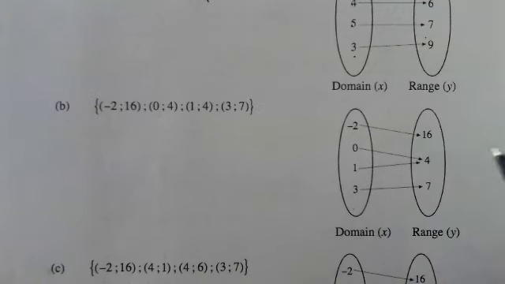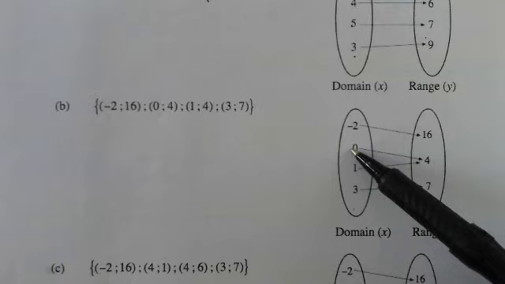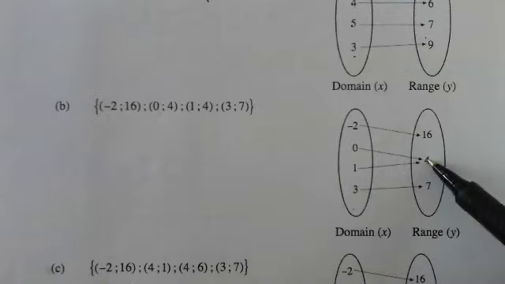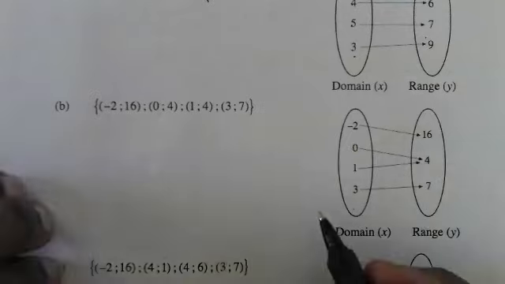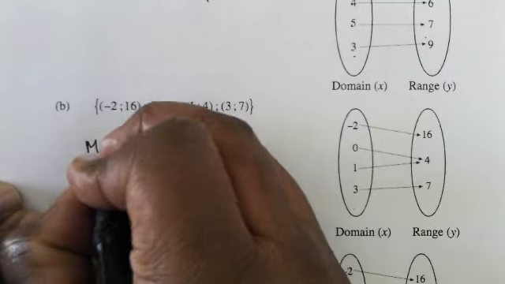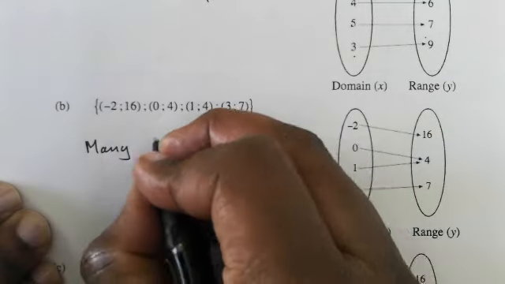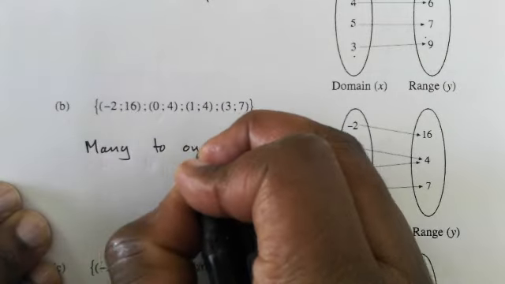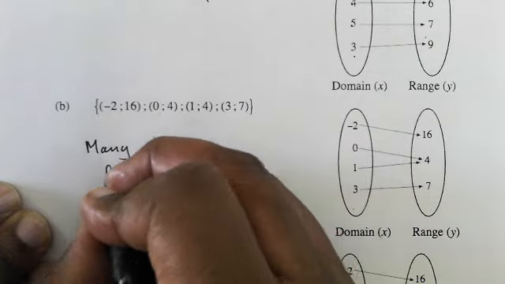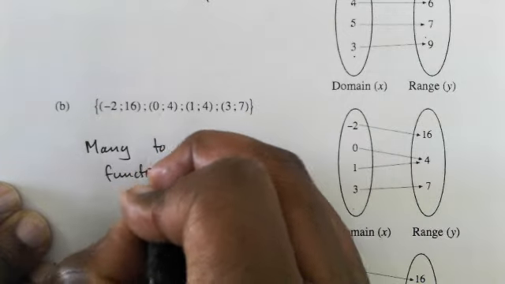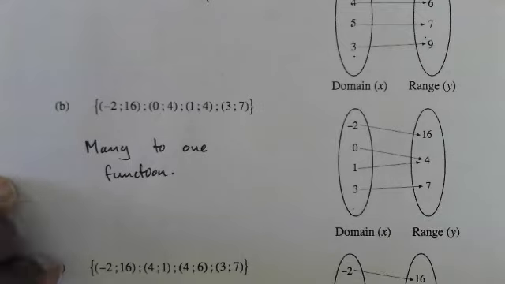When you have two or more inputs going to one output, that is what we call a many-to-one function. So you can have two inputs giving you one output.